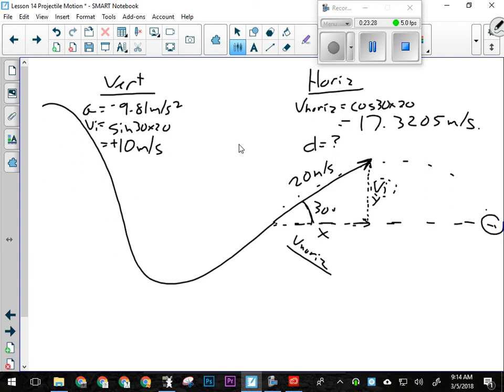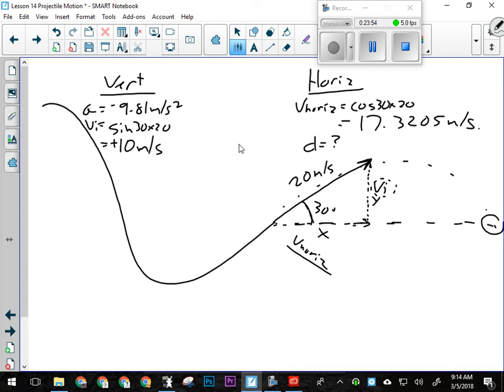So whatever speed I threw it at, that's the speed it comes back at, just in the opposite direction. Reason being, it accelerates at 9.81 meters per second squared downwards all the way up, and accelerates at 9.81 meters per second squared all the way back down to my hand over the same distance. That means that when it gets back to my hand, it's got to be going just as fast as when I threw it. Everybody all right with that logic?